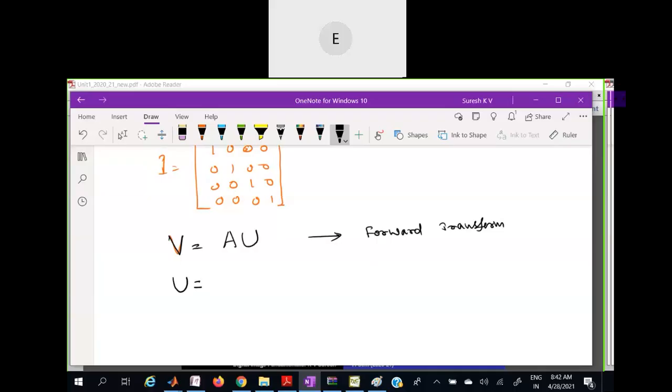They say U is equal to, in the mathematical way, a matrix multiplication. What is U in terms of A and V? I have already shown in the previous slide. Can somebody speak? How do I write U in terms of A and V? Mathematically, if V is equal to AU, where A is a matrix, V and U are some column vectors.